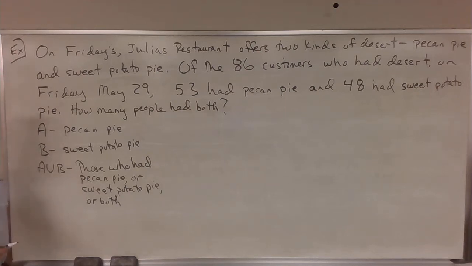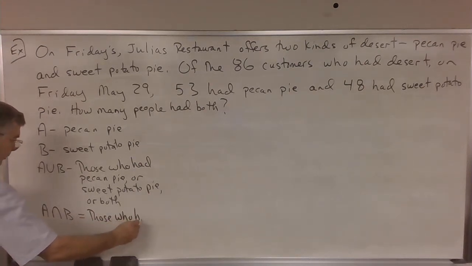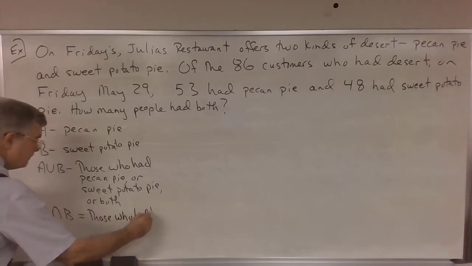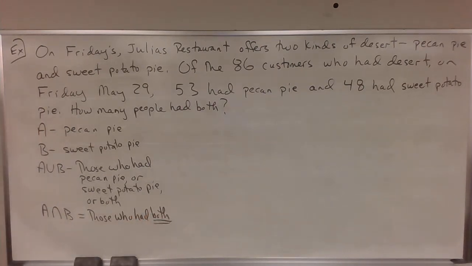Are we leaving anything out? Maybe this. A intersect B, what does that represent? Those who are in both categories, those who had both. Okay.